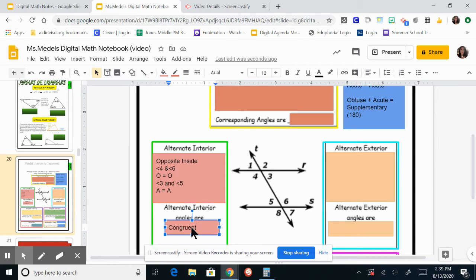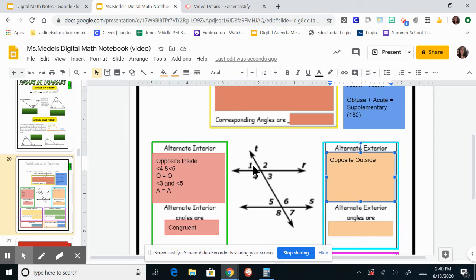Okay, now we talked about alternate interior, well, when we talk about alternate exterior, that is going to be the opposite. This time we're talking about the opposite outside. So that means we're going to come outside of the parallel lines. So I'm using angles 1, 2, 8, and 7.